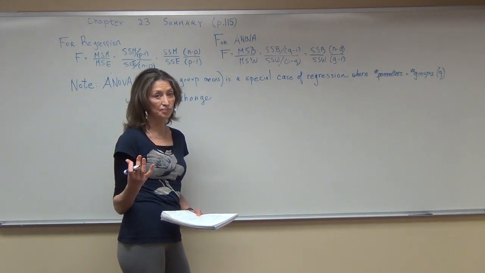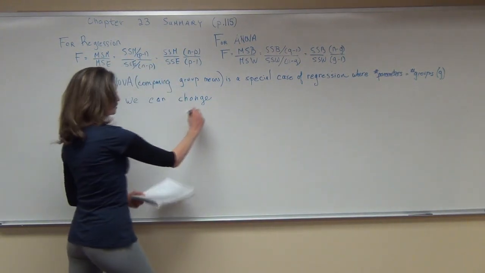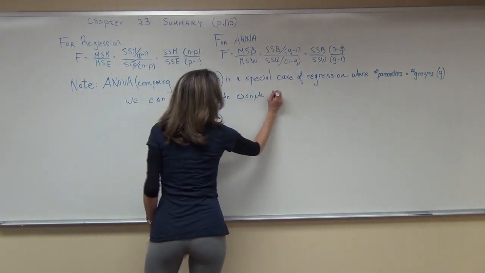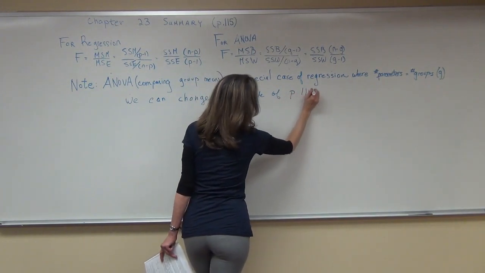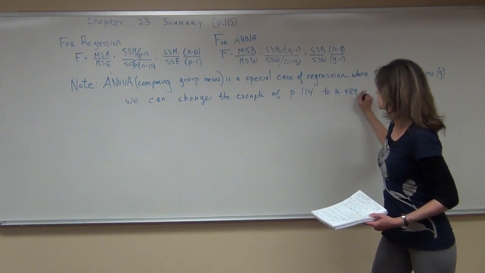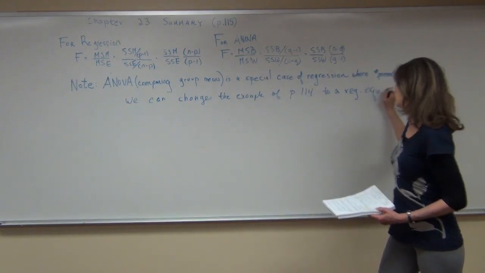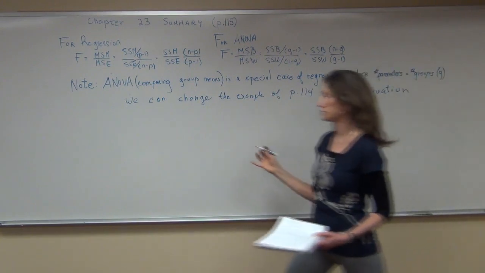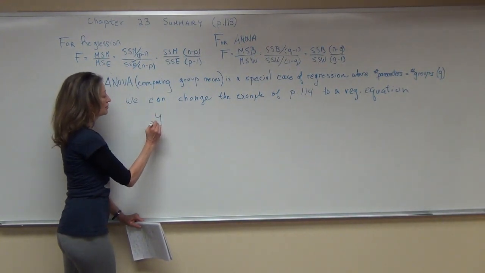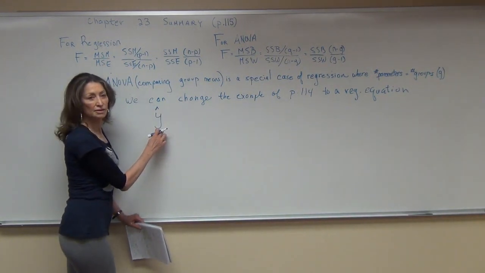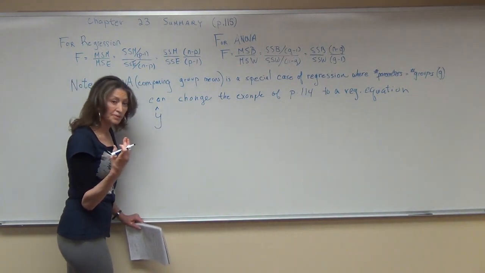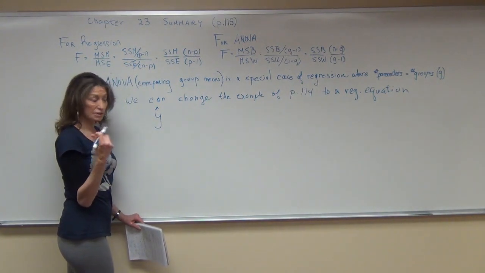Let's call it Y. Well, we can change the example on page 114 to a regression equation, and we can do this for any comparison of means. In the previous example, we had a quantitative Y variable. It was a drug response, a measure of how well these 3 different drugs worked. And there were drug A, drug B, and drug C.